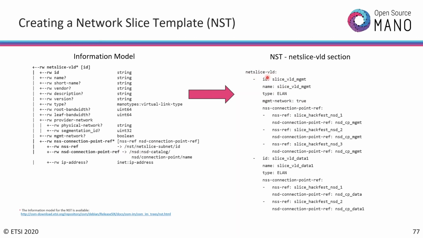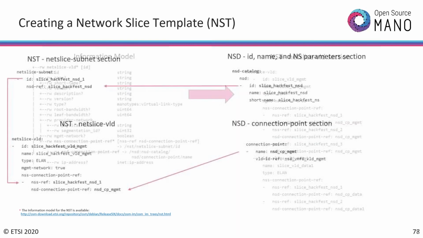As you remember, the NetSlice VLD is the switch or cable between the network services or network slice subnets. So basically, we define the IDs, the names, the type of network, and whether it is management or not, and the connection points that the VLD will connect, based on the network slice subnet ref and the network service descriptor connection point ref.